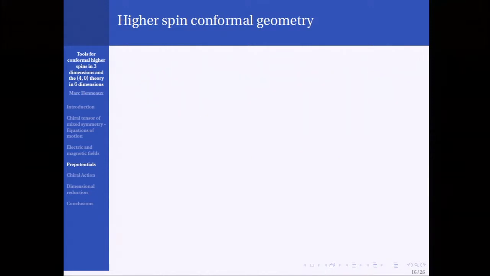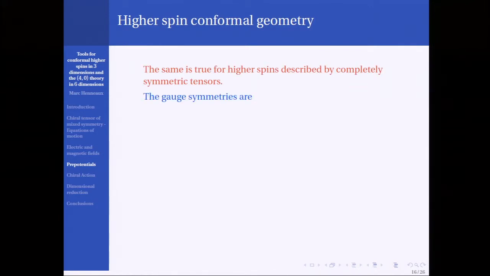Now, I will say a few more words about the explicit construction of the Cotton tensor later, but let me say that the same is true for higher spins described by completely symmetric tensors. So not the mixed Young symmetry that we were considering so far, but higher spins which are completely symmetric, the analog of the linearized diffeomorphism would be what people sometimes call spin S diffeomorphism.